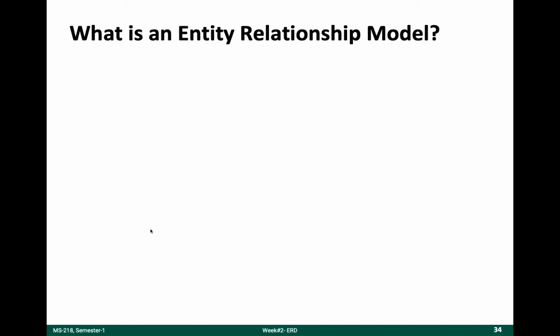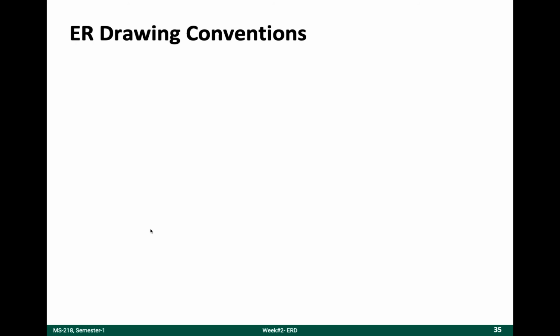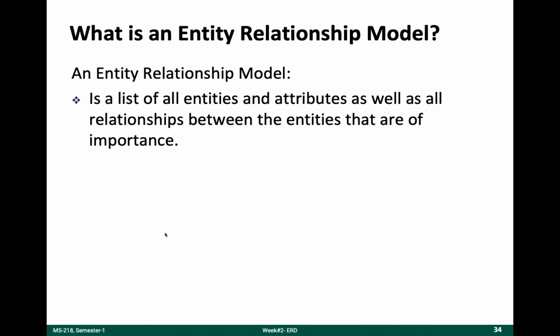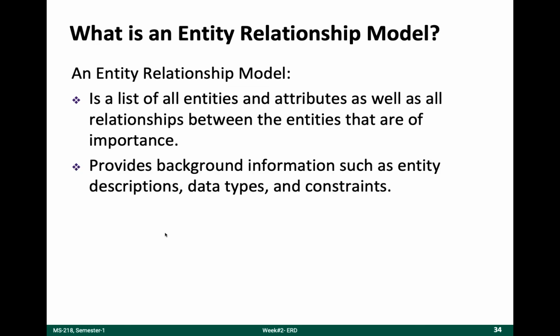And what is an entity relationship model? An entity relationship model is a list of all entities and attributes, as well as relationships between the entities that are of importance. And it provides background information such as entity descriptions, data types, and constraints.